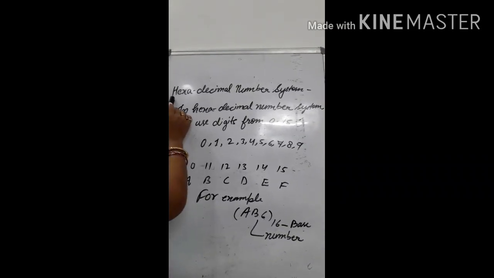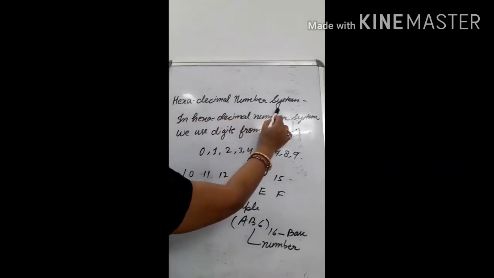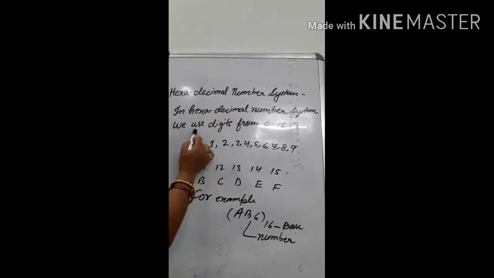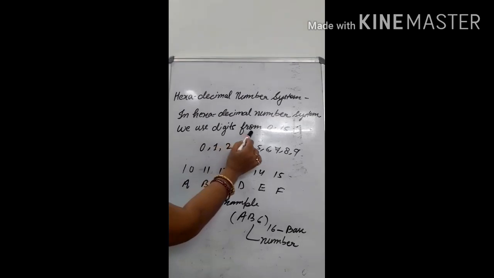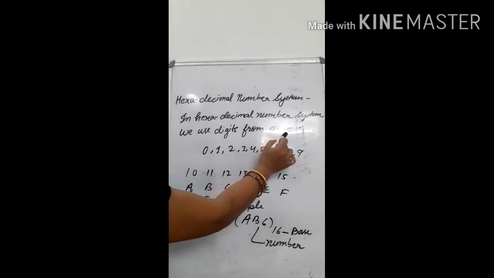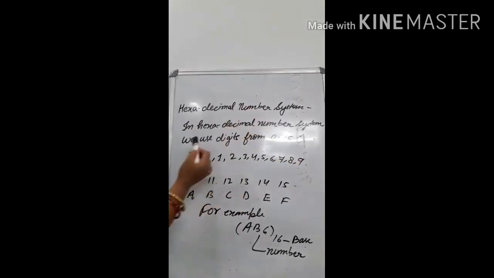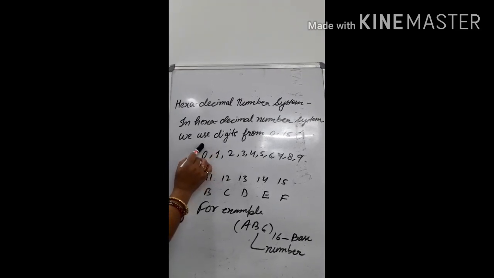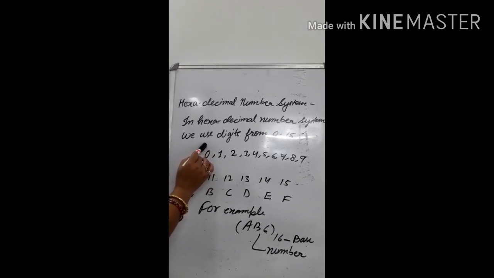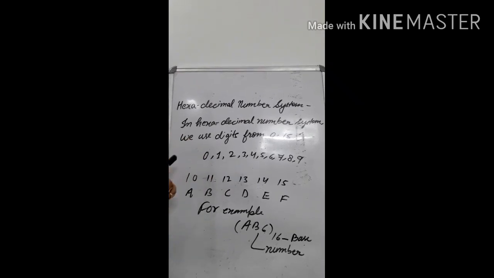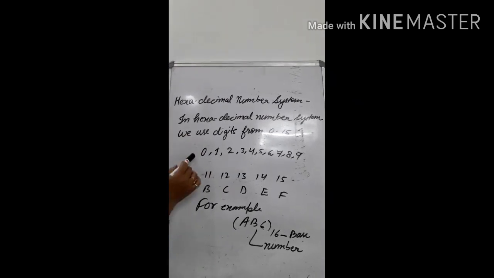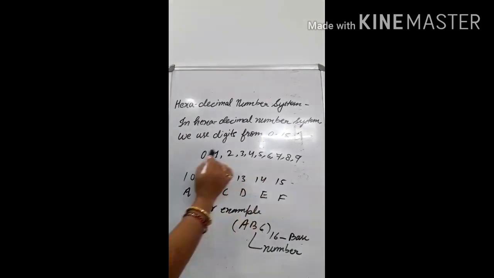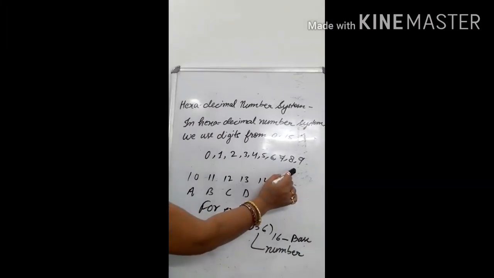Now next is hexadecimal number system. In hexadecimal number system, we use digits from 0 to 15. Here all these digits are not available in decimal number system. In decimal number system, only 10 digits are present, that is from 0 to 9.